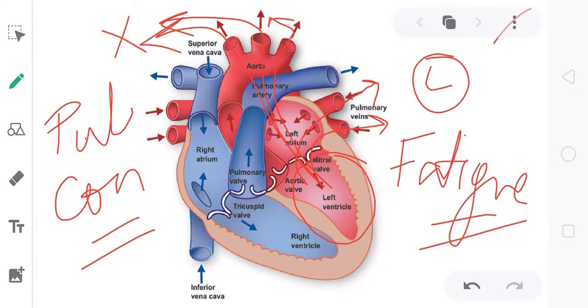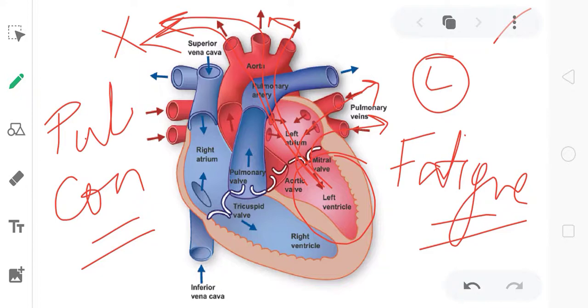It will cause coughing with pink frothy sputum, dyspnea, that means breathing problem, orthopnea, paroxysmal nocturnal dyspnea, breathing problem at night while sleeping, and crackles. The pulmonary capillary wedge pressure will be elevated.